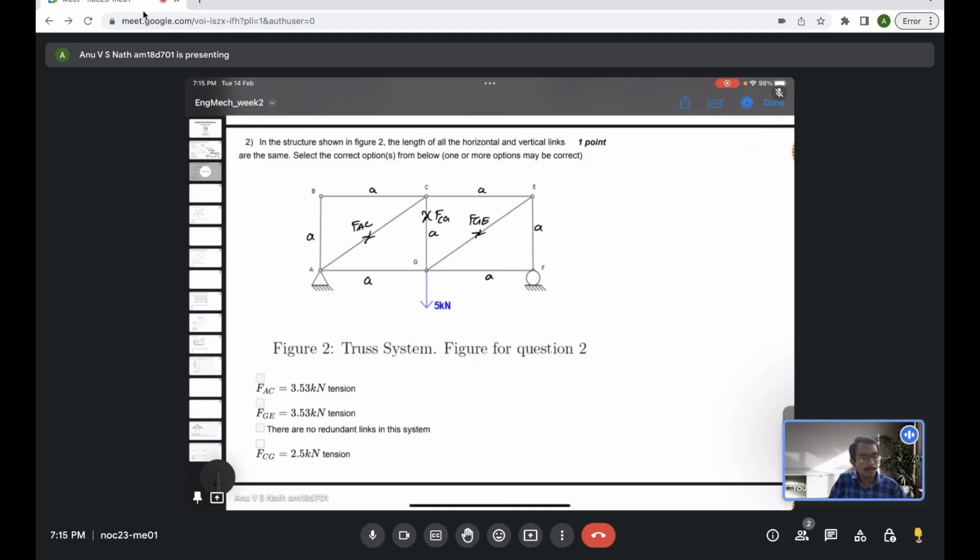Later we will see in certain problems it is better to use method of sections, and in certain problems you could use a combination of both, which will make it easier. So here I am giving a hint: go ahead with method of joints, and if you feel method of sections is easier, you could do it, that's all.